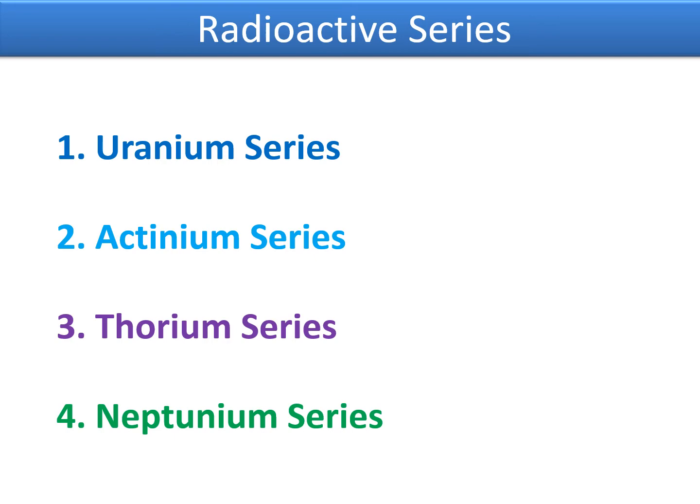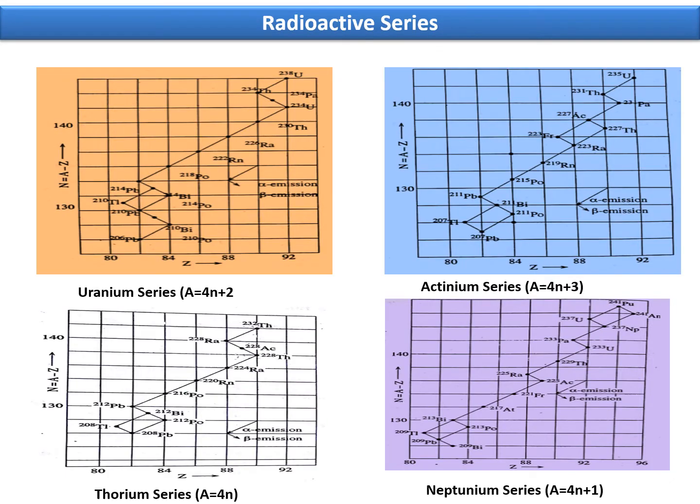There are some radioactivity series, which show how these series take part in radioactivity and how they disintegrate with respect to the mass number. First, the uranium series. For example, lead 206. 206 is of the form 4n plus 2, just like 204 plus 2.